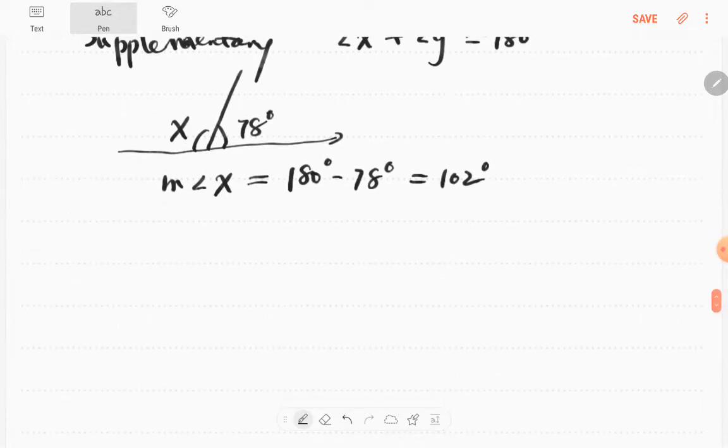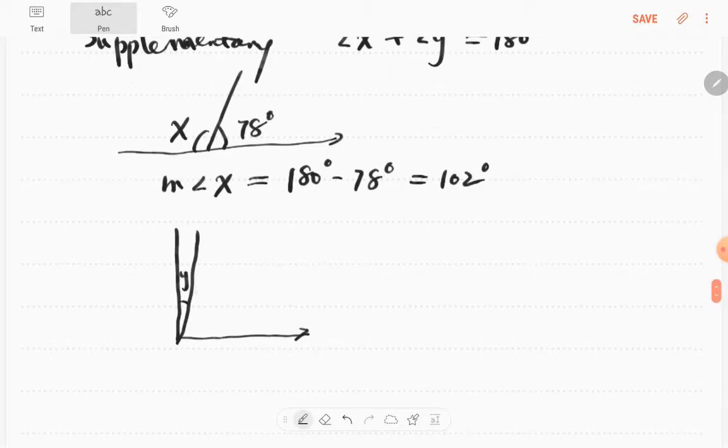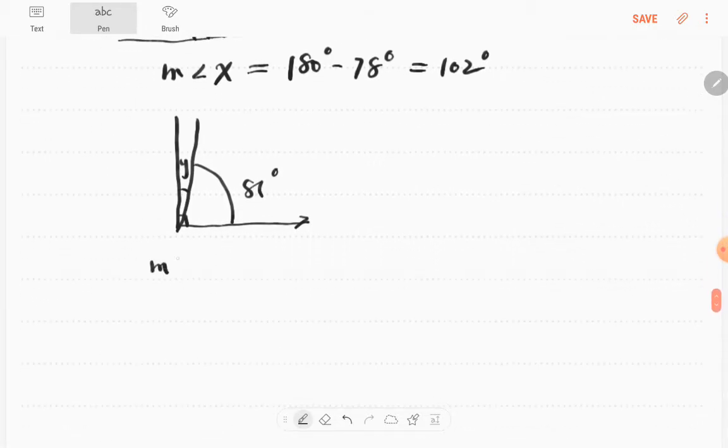Okay, so how about this kind of picture? If we want to know the measure of angle Y, how can we know it?